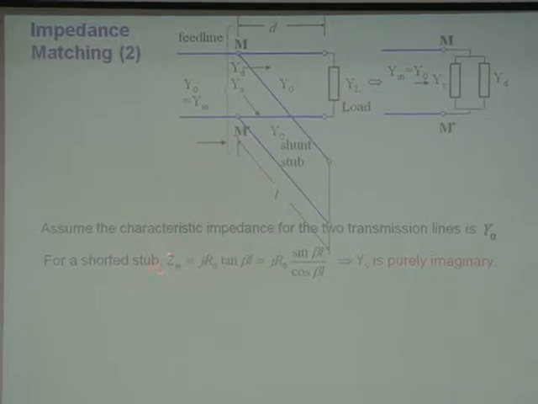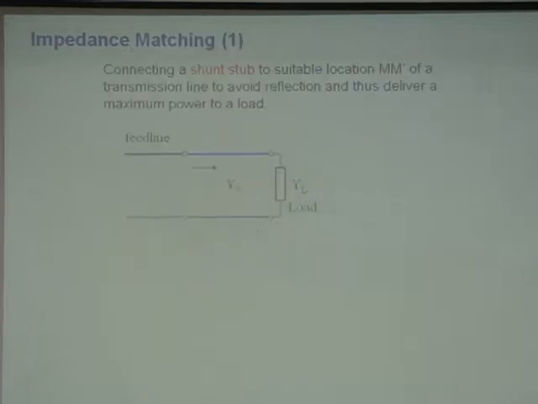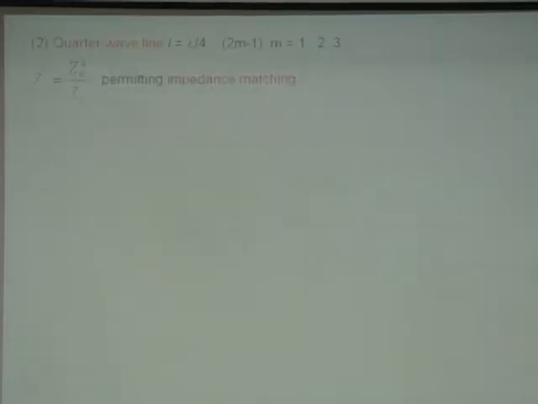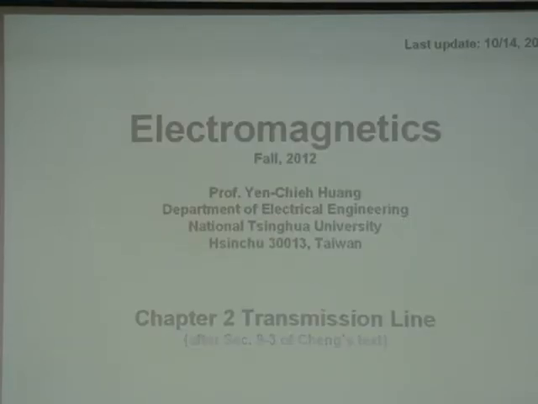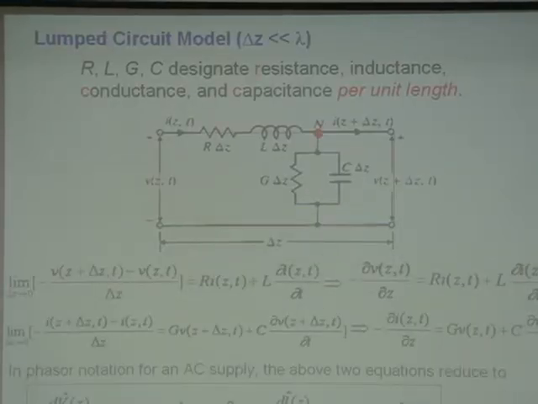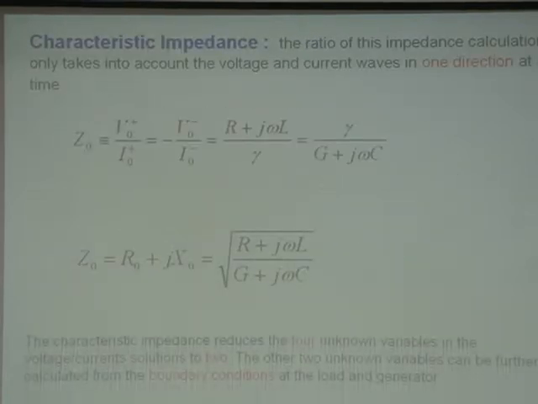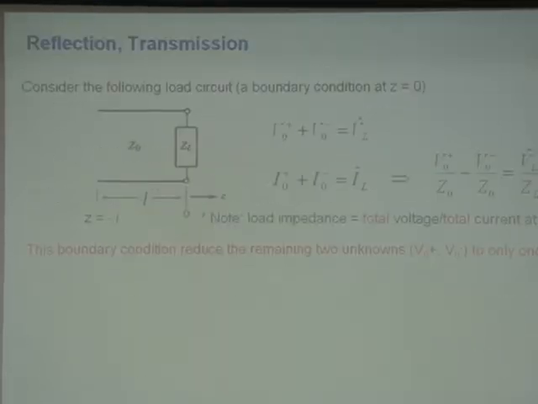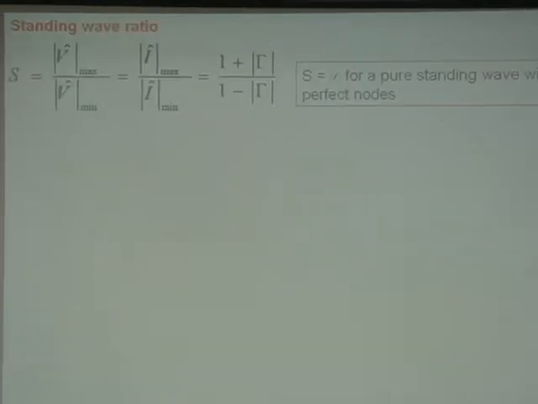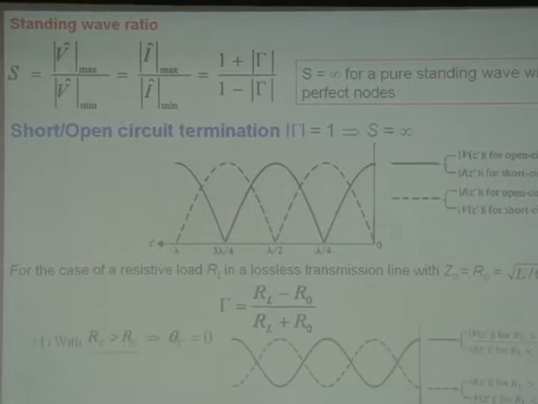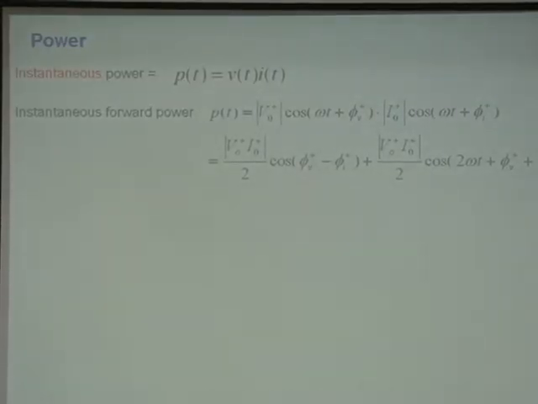It turns out that the short circuit impedance for transmission line with the length of L is purely imaginary, right? If you remember, we talked about this earlier. Where?